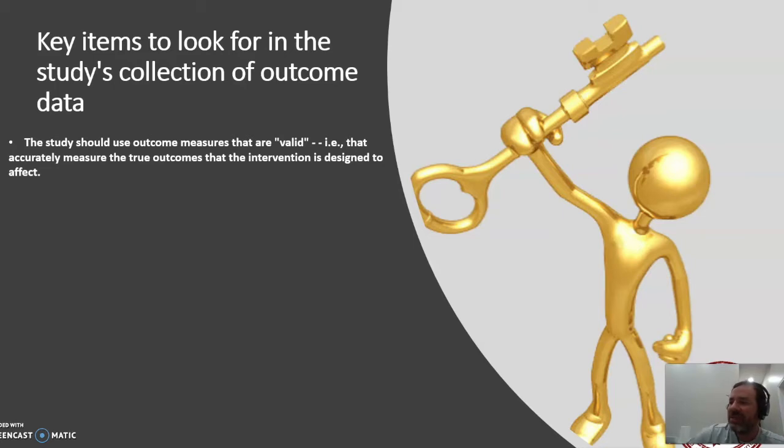Whenever possible, a study should use objective, real-world measures of the outcomes that the intervention is designed to affect. So, like for a delinquency prevention program, official suspensions from school. If outcomes are measured through interviews or observation, the interviewers or observers preferably should be kept unaware of who is in the intervention and control groups.